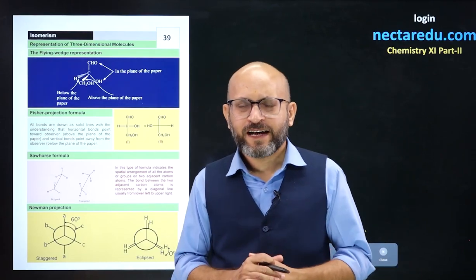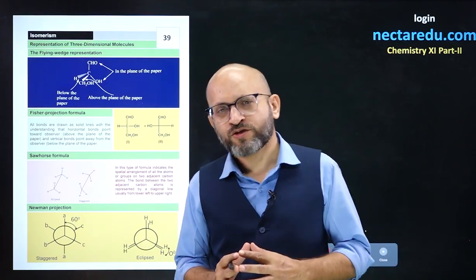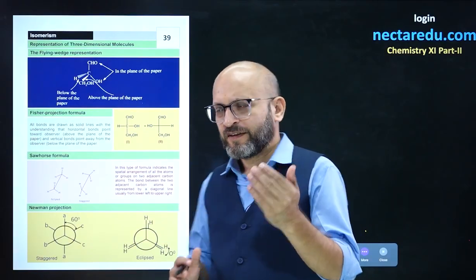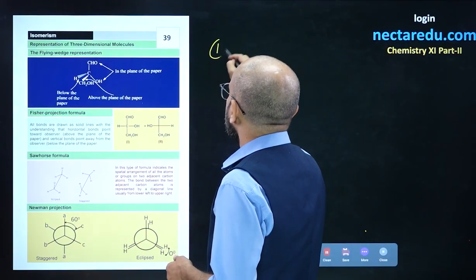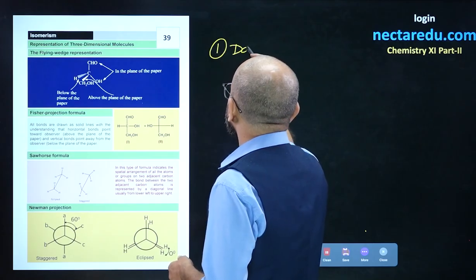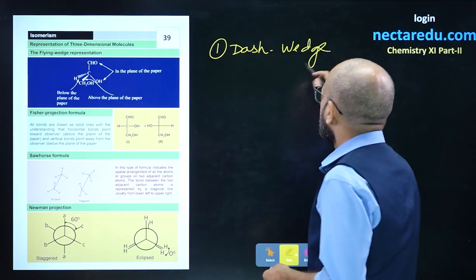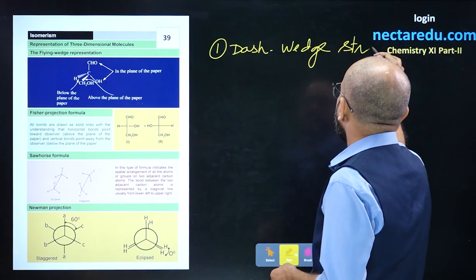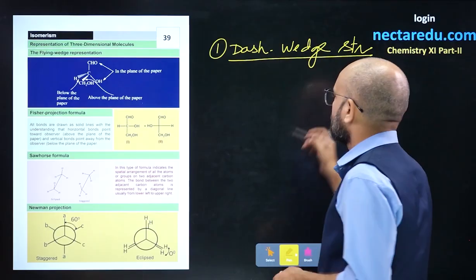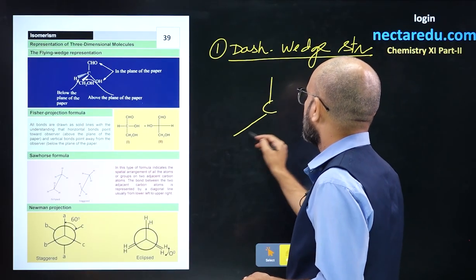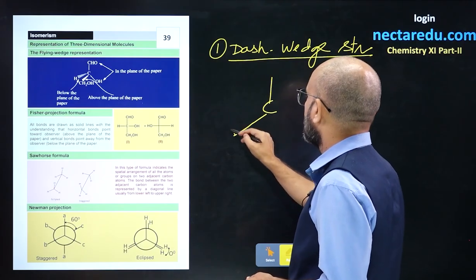Now we are going to understand the ways to represent a molecule in three dimensions. One is the dash and wedge structure. So how will we represent a 3D structure? I can represent something like that.